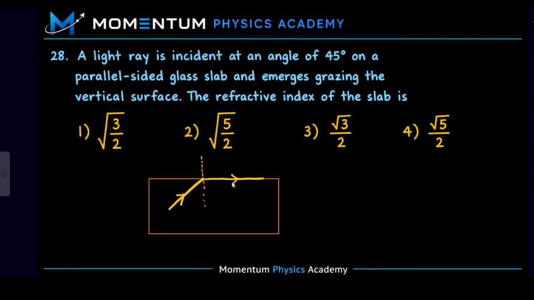Meaning the light ray has to move like this now. Okay, here they are asking about the vertical surface, na? Grazes the vertical surface. Okay, in that manner we'll do that. Here they have given that it grazes the vertical surface.